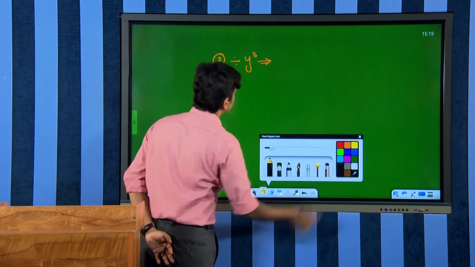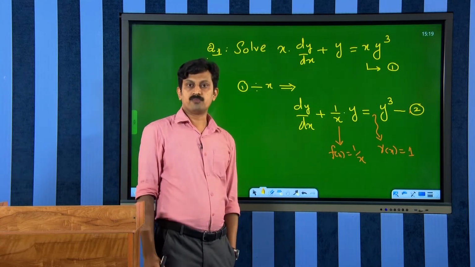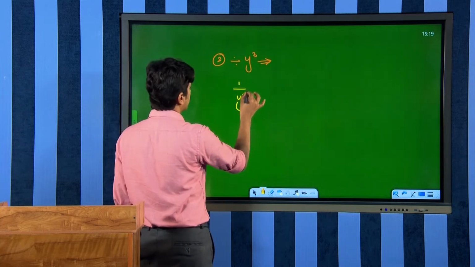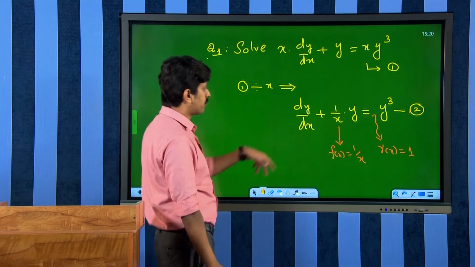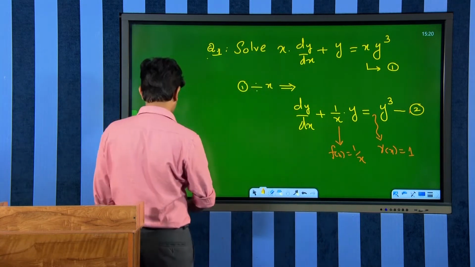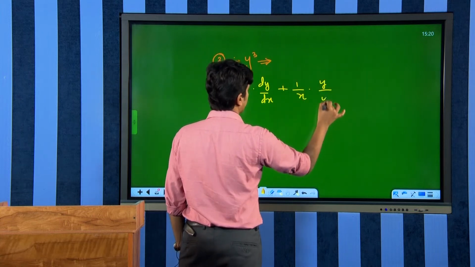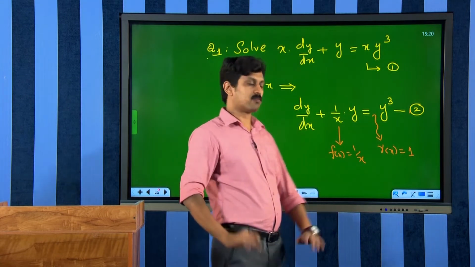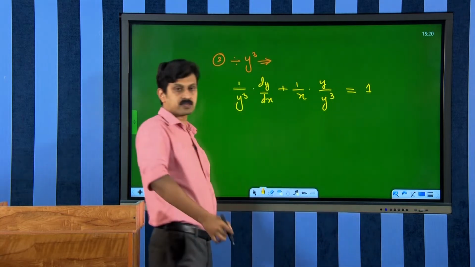So, while dividing 2 with y cube, we have 1 by y cube into dy by dx, and 1 by x into y divided by y cube, and finally y cube by y cube, that is 1 itself, so r of x remains there, here r of x is 1.